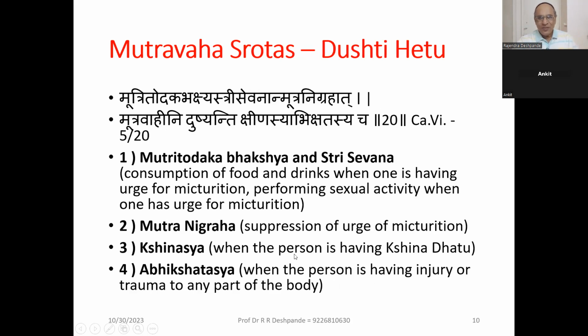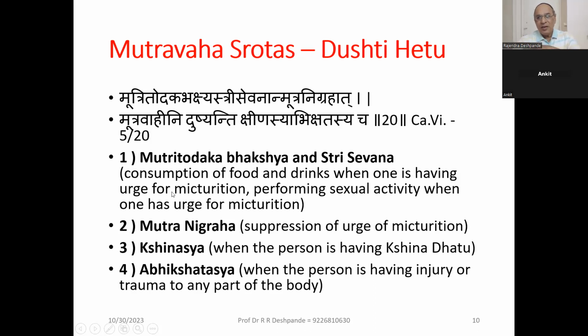Now, Dushti Hetu: Mutri Todaka Bhakshastri Sevanan, Mutra Nigrahat, Mutravahini Dushyanti, Shirnasya Abhikshatascha. Let us see the meaning. Mutri Todaka Bhaksha and Stri Sevana. Consumption of food, eating and drinks, when one is having the urge for micturition.